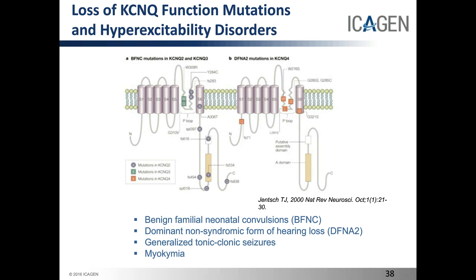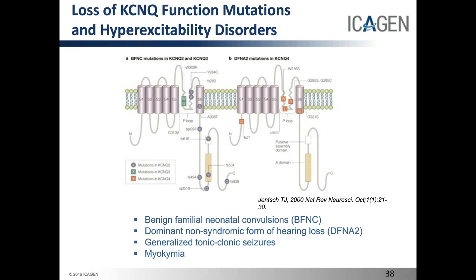Because loss of function mutations cause hyperexcitability disorders, there's a market there to identify openers that could make up for some of the loss of function that occurs due to these mutations.